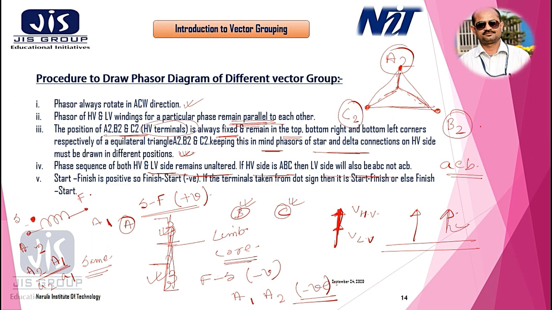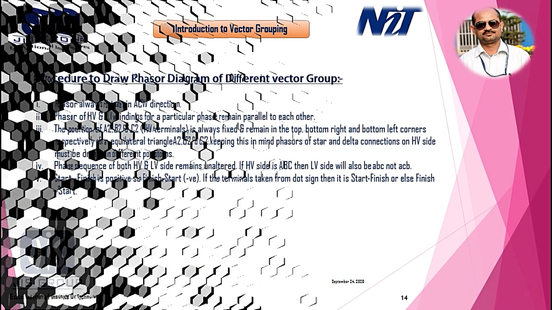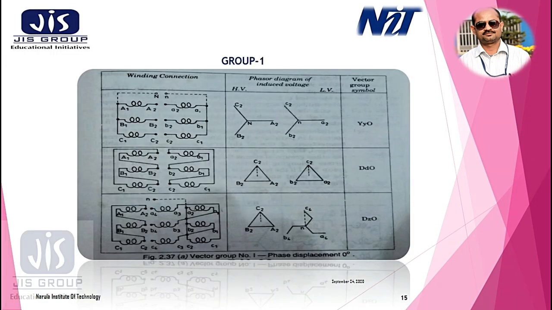Are you getting my point? If A2, A1 is positive, then A1, A2 is negative, because start to finish is positive. This is the start, this is the finish, so finish to start is negative. So this is the basics to draw the different vector groups. And this is the first group, zero phase displacement, zero phase difference, and under this category there is YY0, DD0, DZ0.